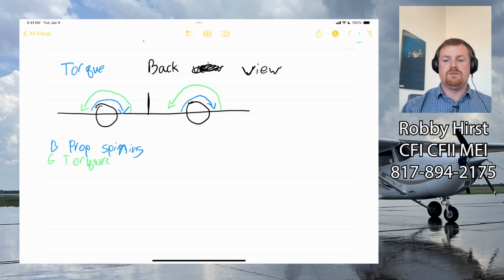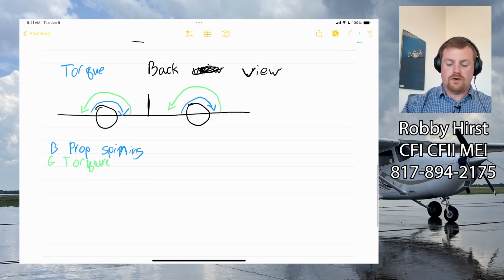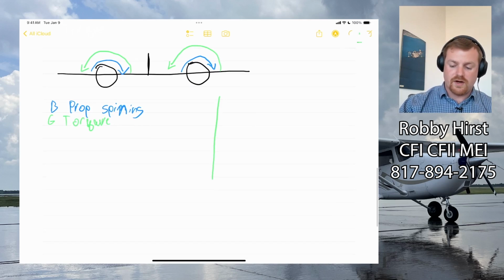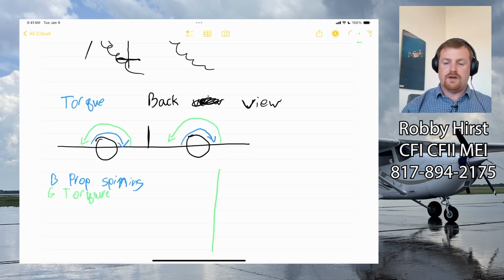Our left engine would be operating, and our torque is trying to bank us into our operating engine.